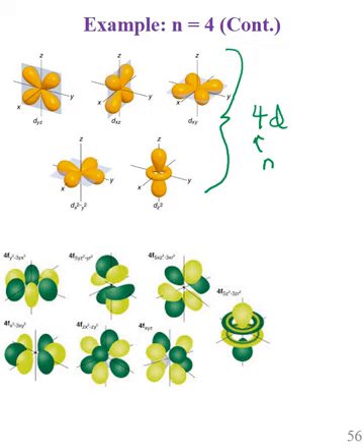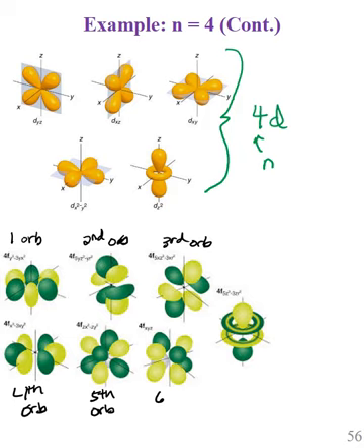And the last one is our F. So look how crazy shaped the F's are. Now if you look, how many orbitals do you have? So you have a total of 7 orbitals.